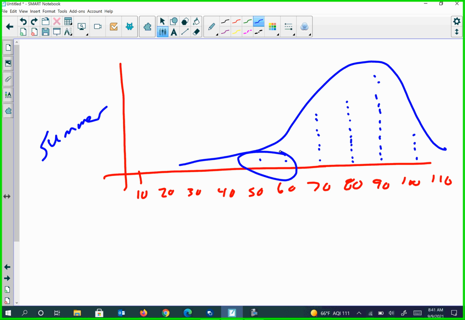Yeah. Doesn't the way that the data is set up, like having it start at 10 and go to 100, doesn't that change the way it is now? Absolutely. So wouldn't it make more sense to start at 50? I mean, since that's the first time there is a temperature. That's true. Let me ask you this though. Could we have a summer day that's 10 degrees?